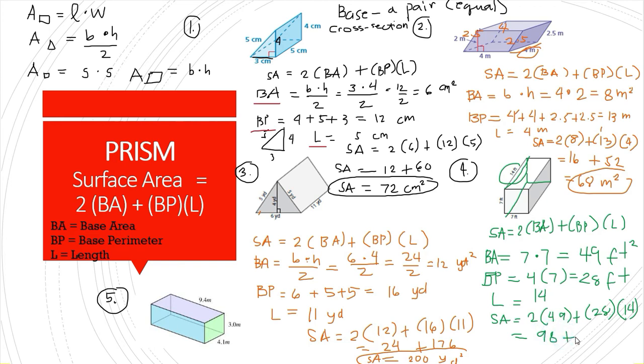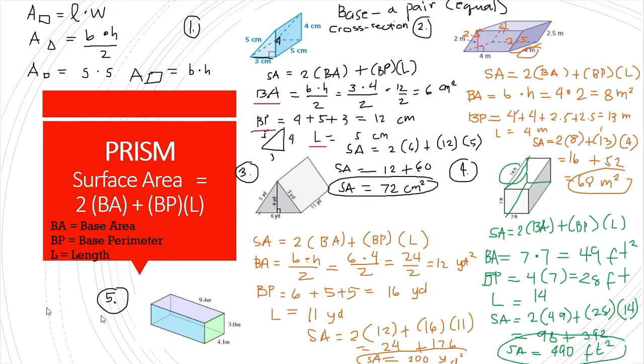Plus, what is 28 times 14? This will give us 392. Add them up. Surface area is equal to 392 plus 98. Your answer will be 490. Don't forget the unit, square feet. Alright, so this is our surface area.